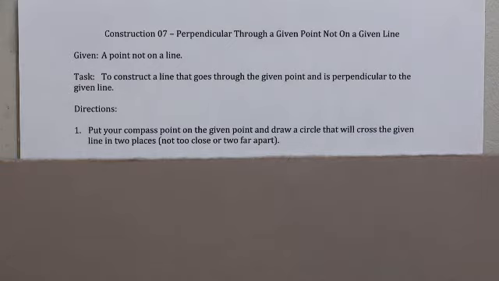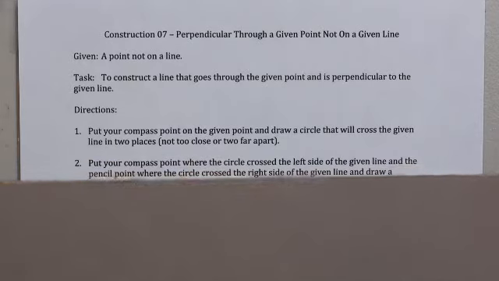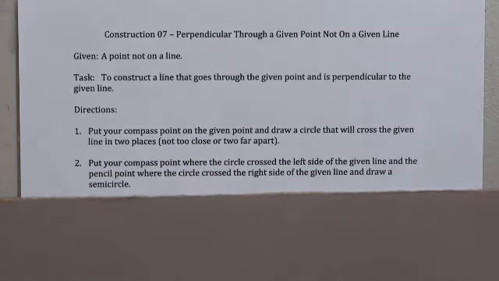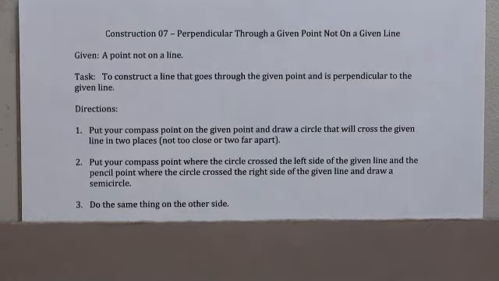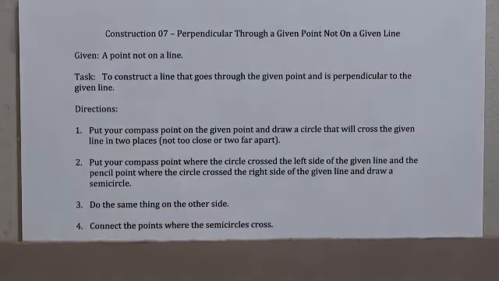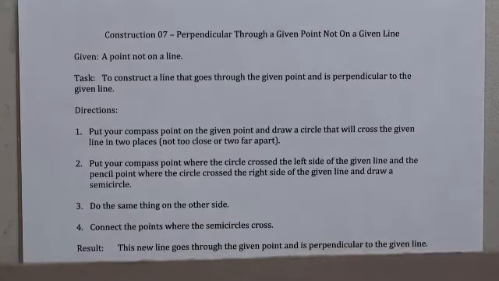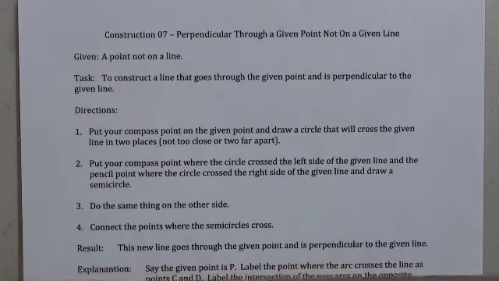Not too close or too far apart. Put your compass point where the circle crossed the left side of the given line and the pencil point where the circle crossed the right side of the given line and draw a semicircle. Do the same thing on the other side. Connect the points where the semicircles cross, and your result is that this new line will go through the given point and it will be perpendicular to the given line.